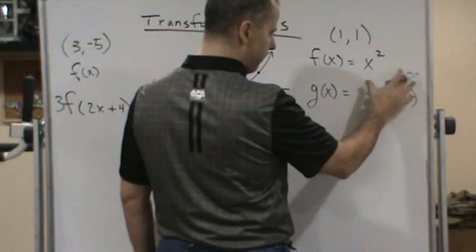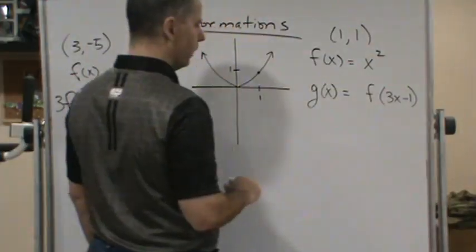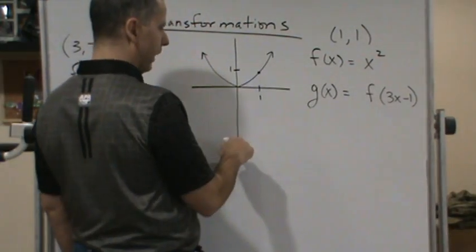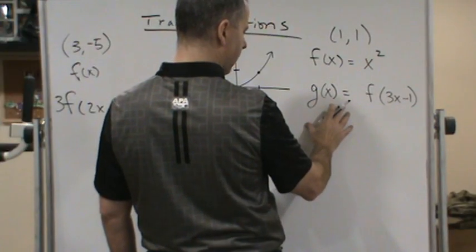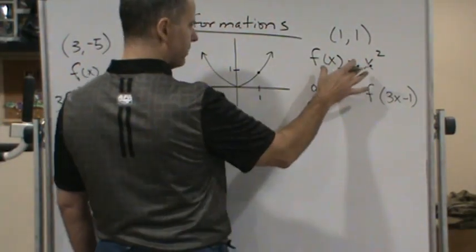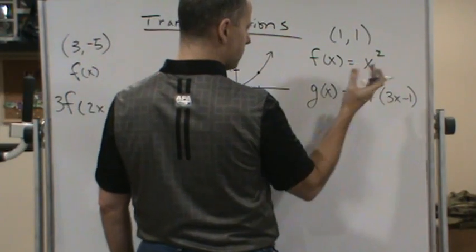And again, we're just affecting x in this case. Where does the point move to for g of x? To sketch the graph of g of x, all we need to know is the behavior of f of x, how to sketch f of x, and then what happens to the points.